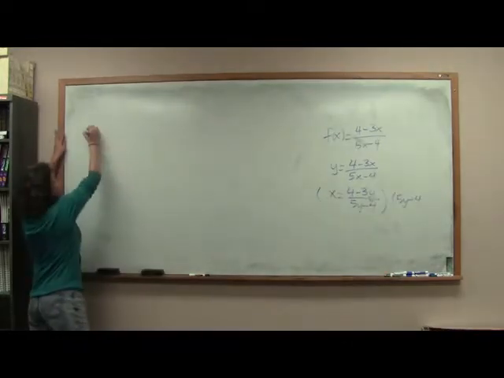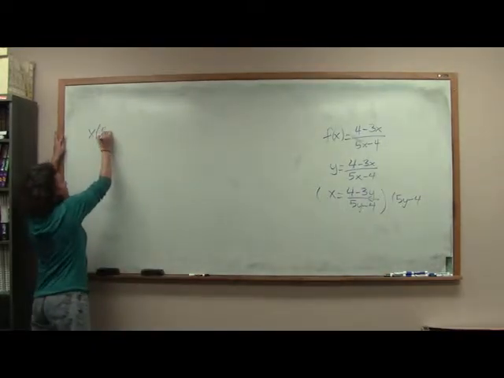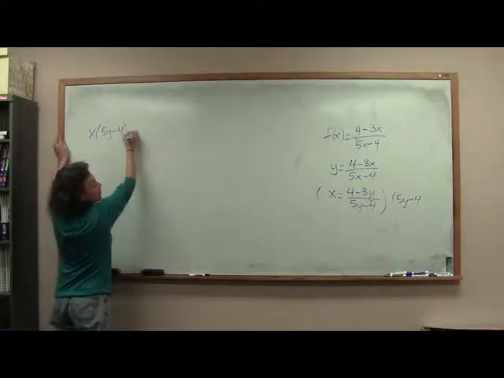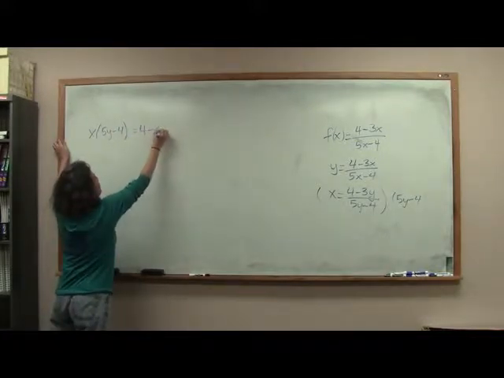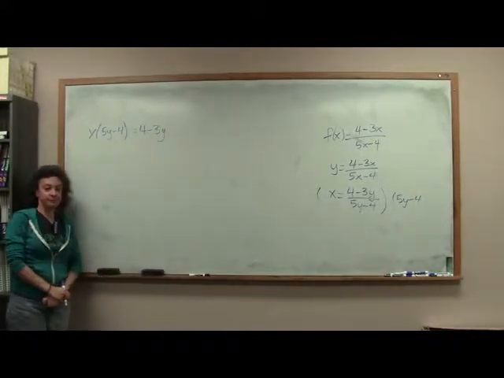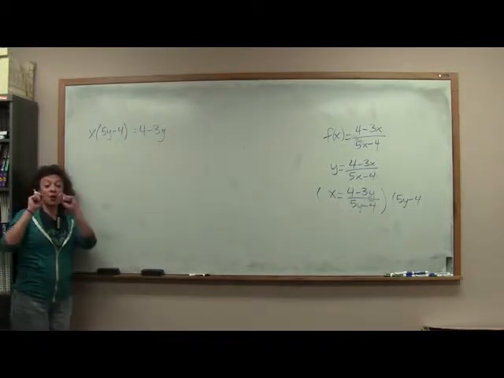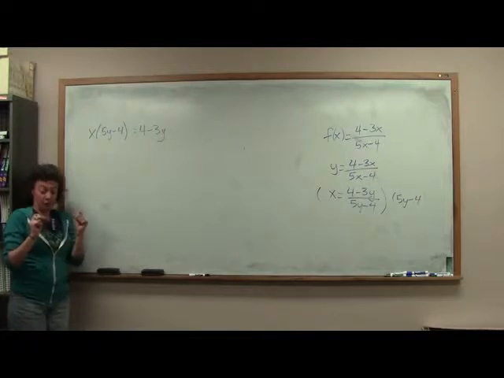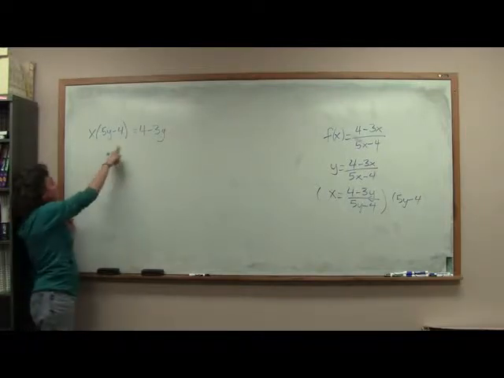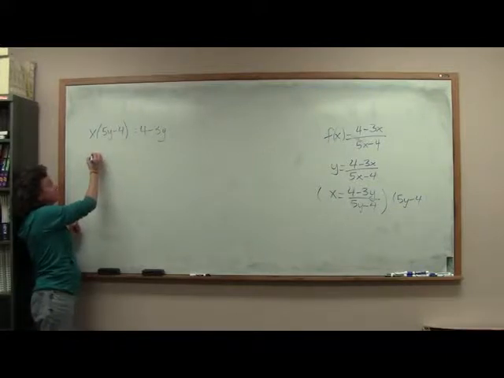So I claim if I do that, I have x times the quantity 5y minus 4 is equal to 4 minus 3y. All right, remember our goal is to get y alone on one side. So our next step is to distribute.